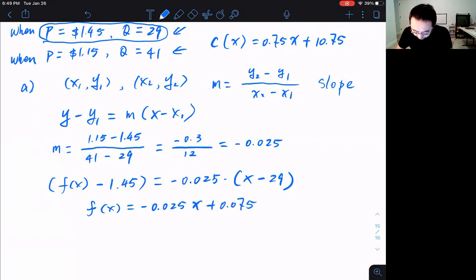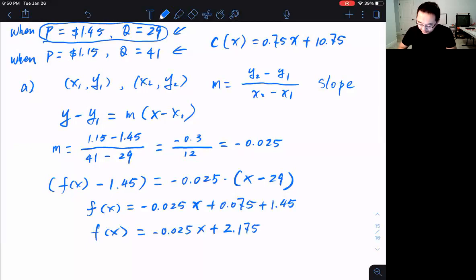Then you move the 1.45 to the right-hand side and make it a positive number. That gives you f of x equals negative 0.025x plus 2.175. So that is how you figure out the functional form here.